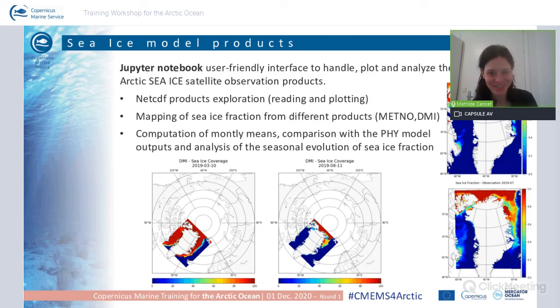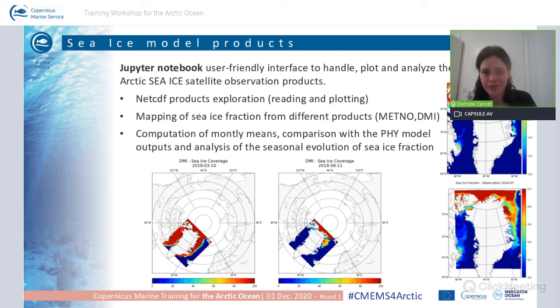The first slide is for me, so I will present it, and then we will move on to the next part with Paz. The first Jupyter notebook that is linked with KEPLER is the one about the sea ice observation product, satellite observation.